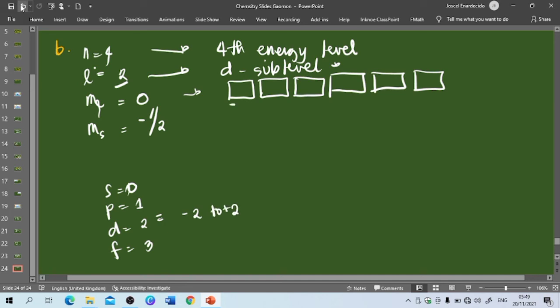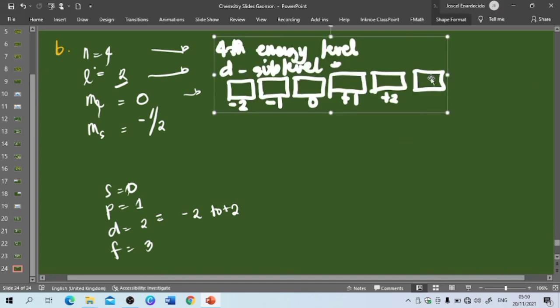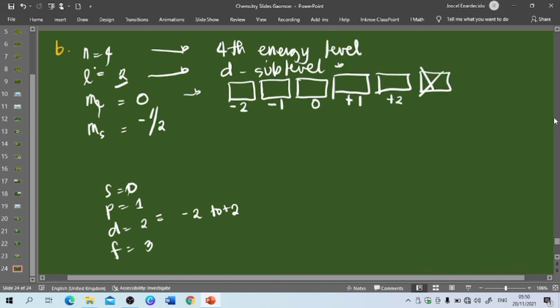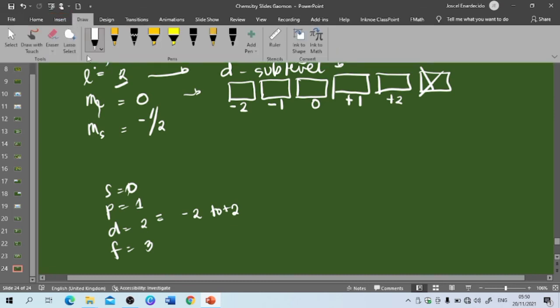So therefore, this is -2, -1, 0, +1, +2. So this is already 1, 2, 3, 4, 5. Next thing is, let us distribute now the electrons one at a time. Again, one at a time.